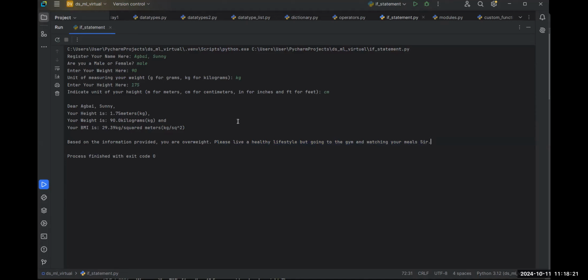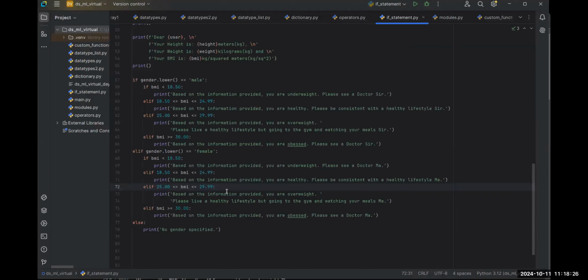Is that now understood? Now let's see for someone who is, sorry, who is obese. It could be a male or a female. Let's change this, by going to the gym. Okay, now let's go ahead, run again, and see for a female who is overweight.